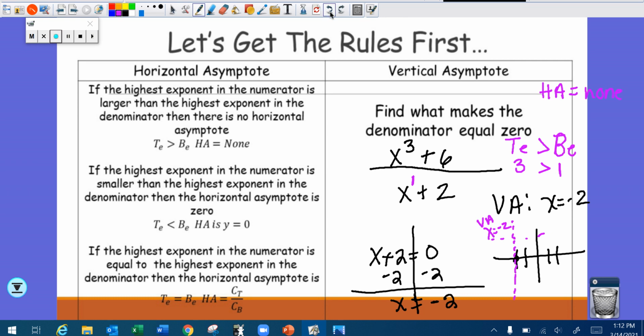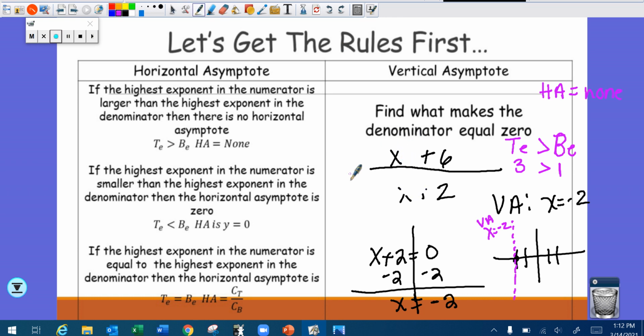The next one says if the highest exponent in the numerator is smaller than the highest exponent in the denominator, then the horizontal asymptote is 0. So I'm going to rewrite this and show you exactly what that means.